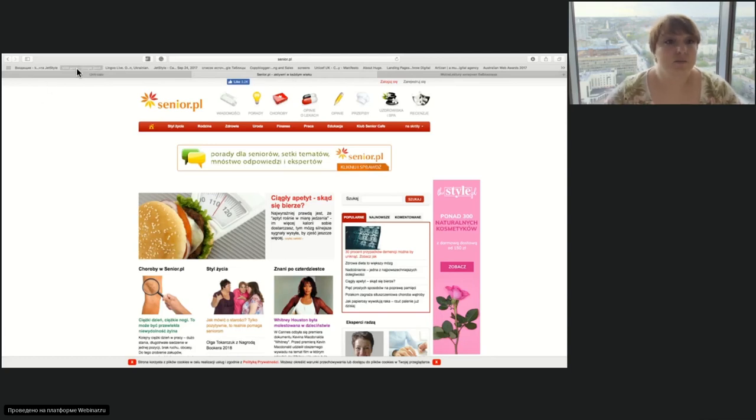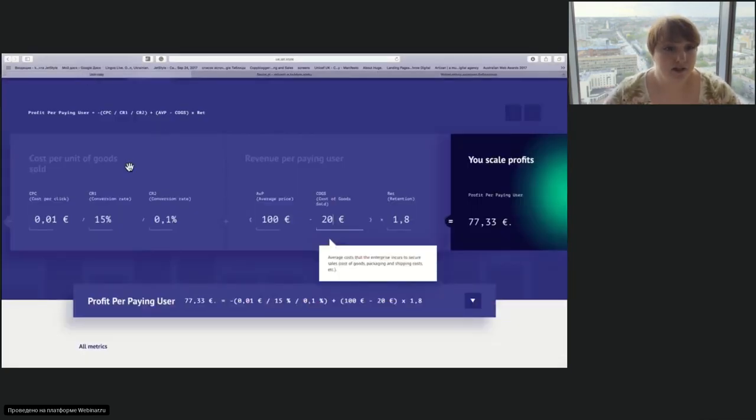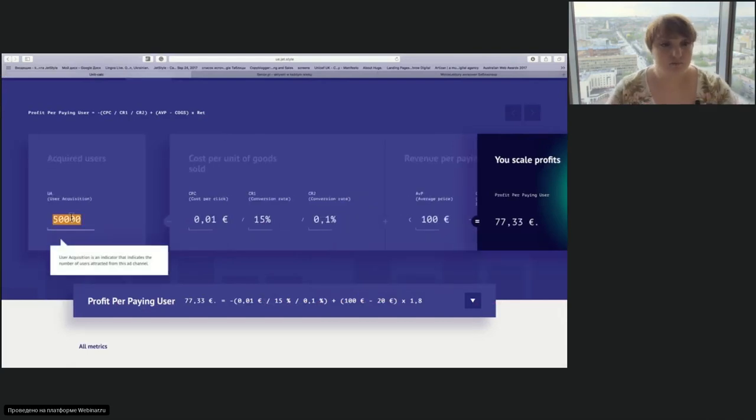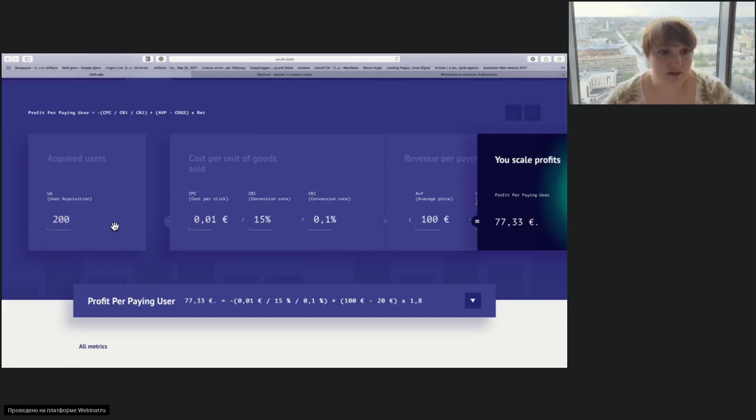So I'll come back to the unit calculator and show you how it looks, as far as I can remember. We got very few people from there, something like that. No more. Actually, we were limited by the natural audience, the natural traffic from the platform Senior Pro, and that was actually 200 people we got from there monthly.